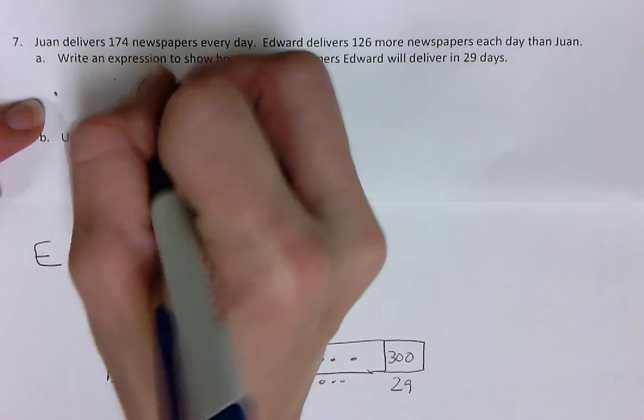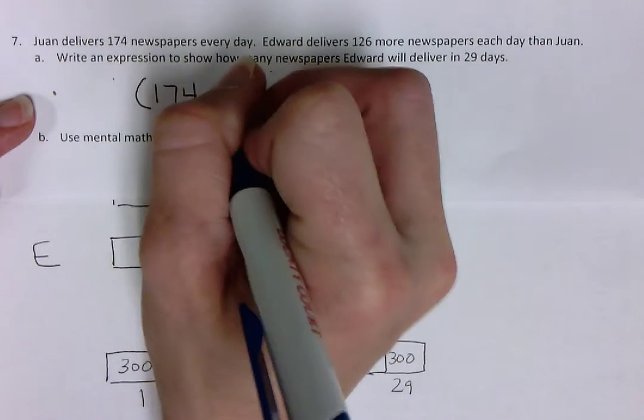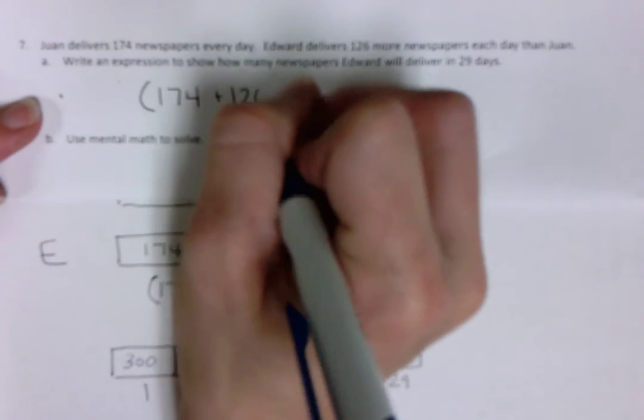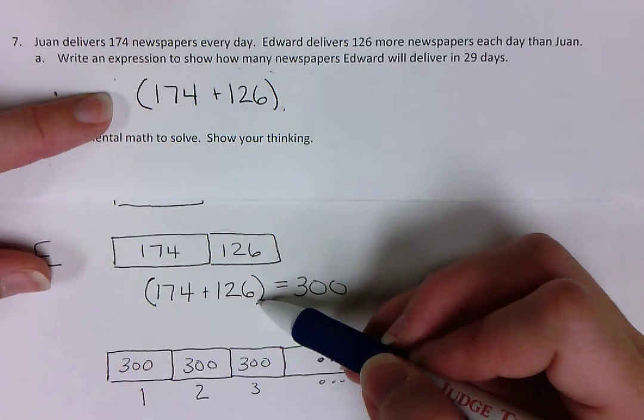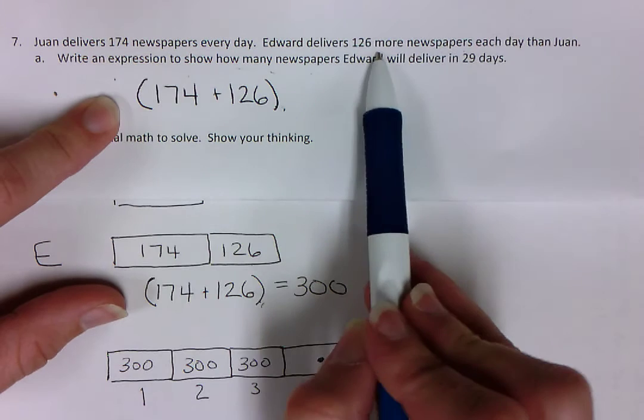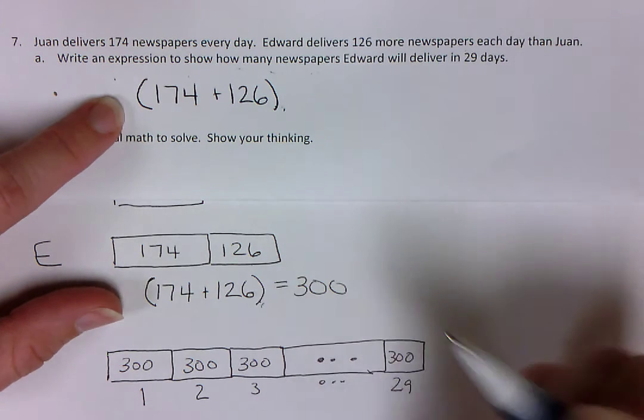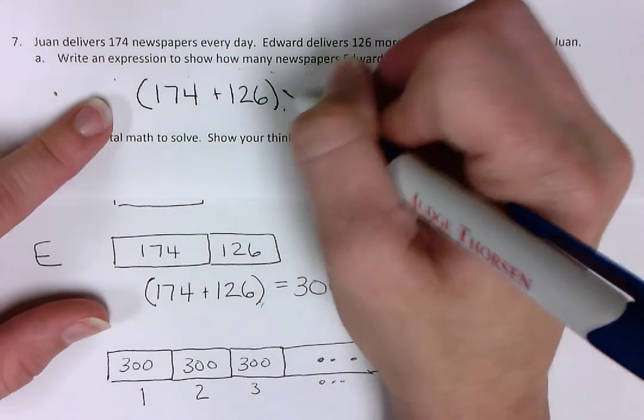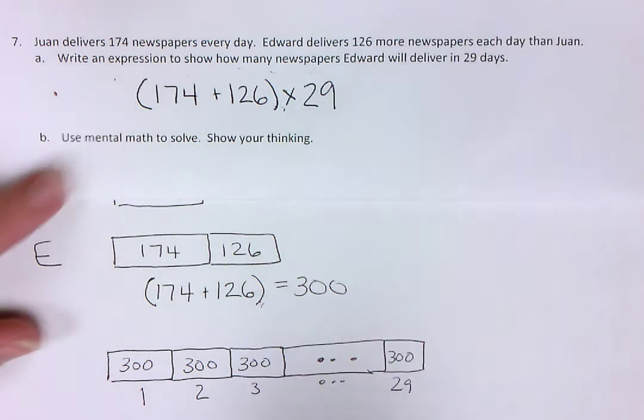We can show the number of newspapers Edward delivers in one day, the way we found it, the sum of 174 and 126, and then that gets multiplied by 29.